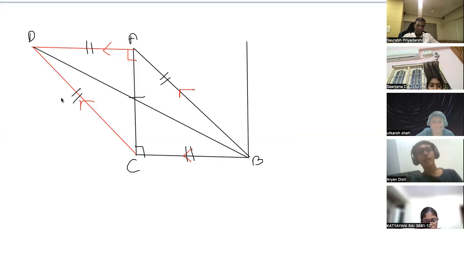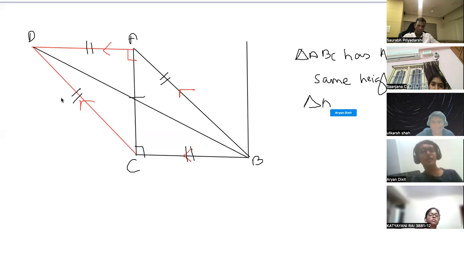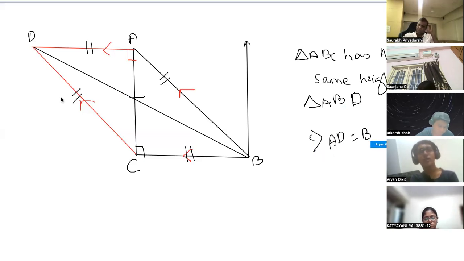So triangle ABC has the same height as triangle ABD, because it's an obtuse angle triangle, so here we get the same height. Then AD is equal to BC and the same height, hence the area will also be the same.